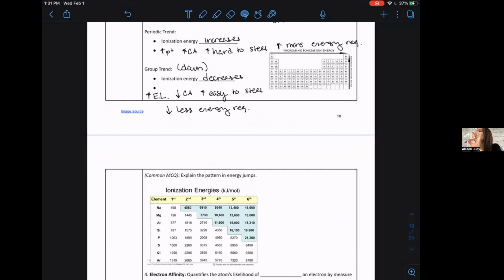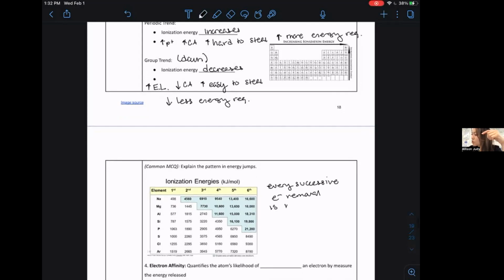Why? Because every time you remove an electron, you get a greater ratio between your protons and your remaining electrons. So every successive electron removal is more and more unfavorable.